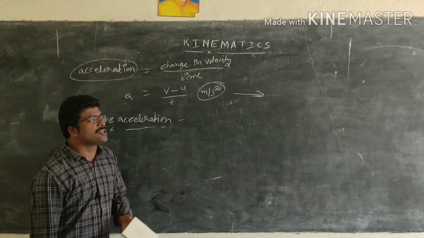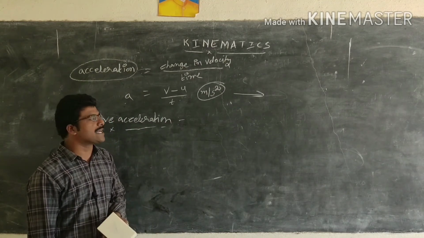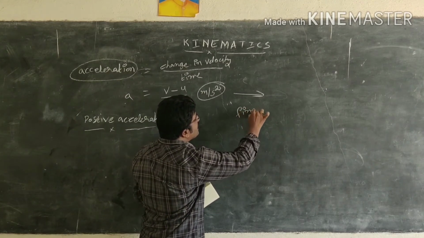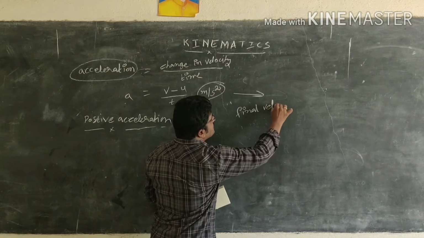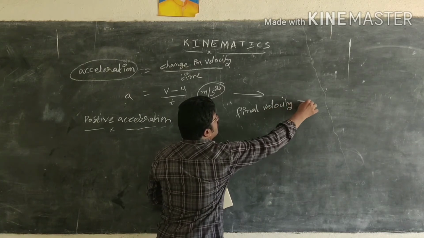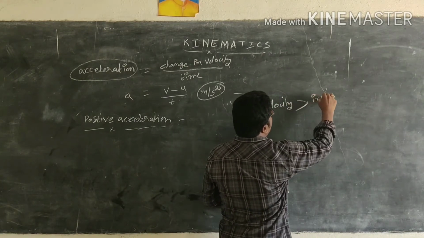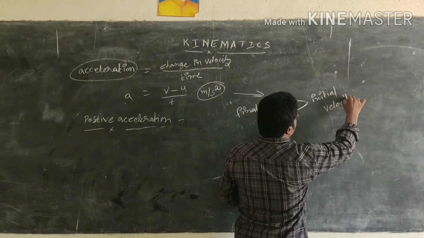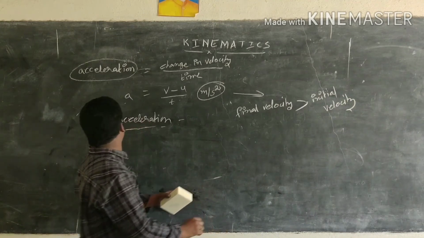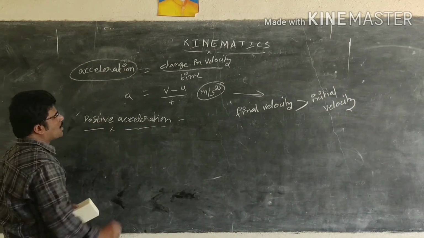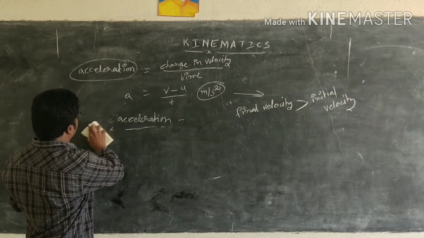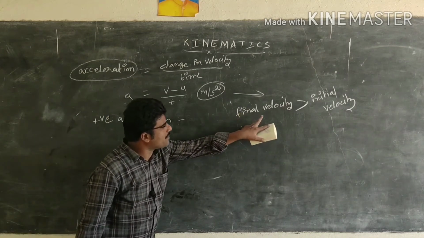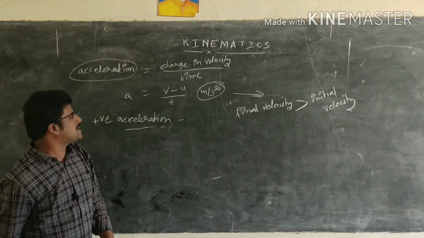The body is said to have positive acceleration when the final velocity is greater than the initial velocity.